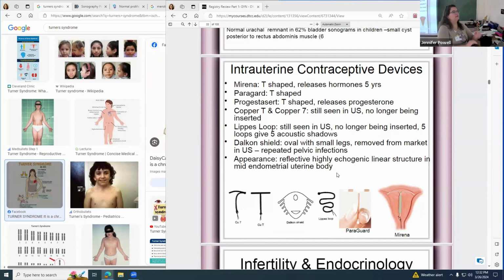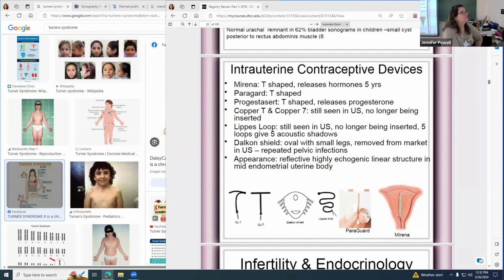So Mirena, being T-shaped, releases hormones for 5 years. It sits up into the opening of the uterus, and it kind of tension holds it in place. You have Paragard, which is copper and T-shaped.